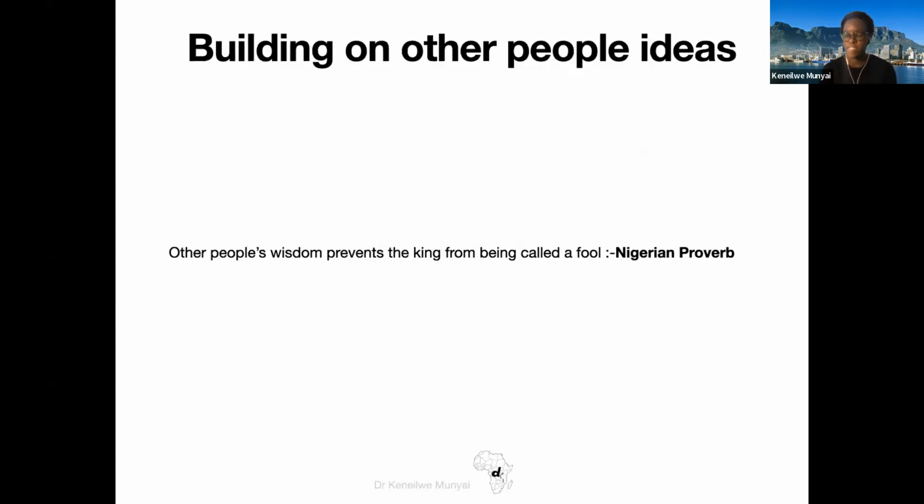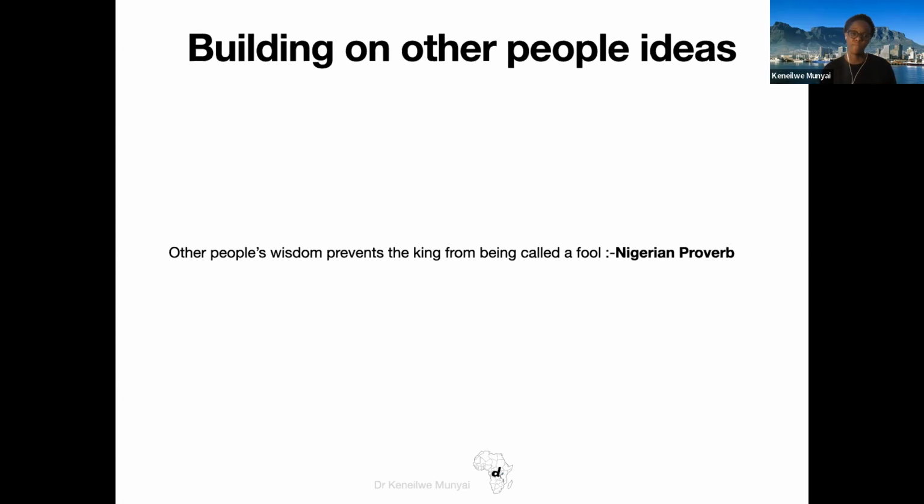And then, of course, building on the ideas of others is quite important, especially in a collaborative environment. Obviously, in our education system, we are trained to think of ourselves as the lone geniuses that are able to come up with ideas on our own. But in reality, ideas become even better when we share them with other people. And other people can help shape them and make them even stronger.